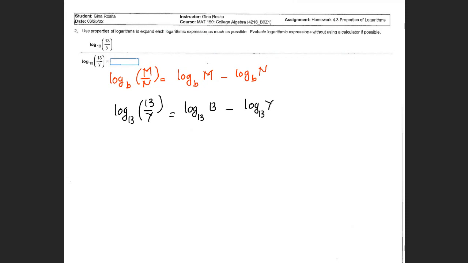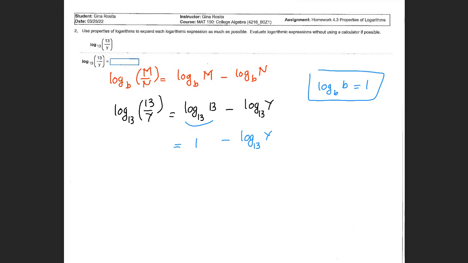Remember the rule from before, the general property: logarithm of b with base b equals 1. So this is the same as logarithm of 13 with base 13, right? So you can write down 1 minus logarithm of y with base 13.